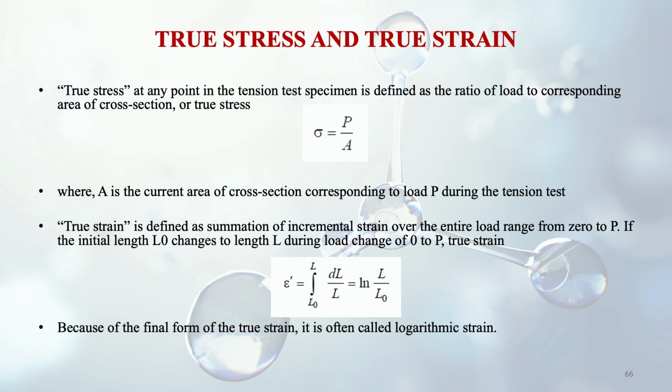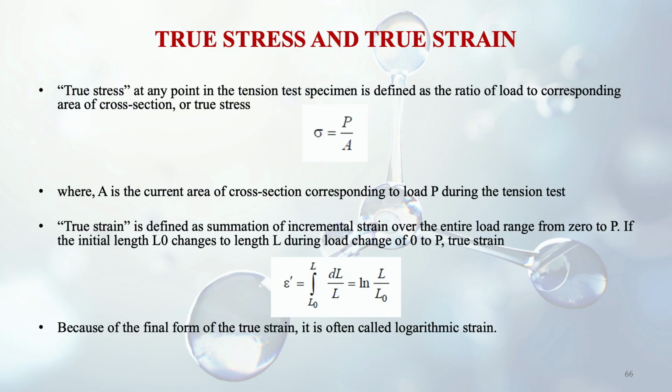In the case of true stress, always the area at that particular time is being taken. It's not the original area of cross section. And true strain also is like that. It is defined as the summation of the incremental strain over the entire load range from 0 to P. If the initial length L0 changes to length L during load change of 0 to P, true strain will be given by the integral of dL by L. Because we are taking infinitesimal elements, we have to sum them up in integral form.